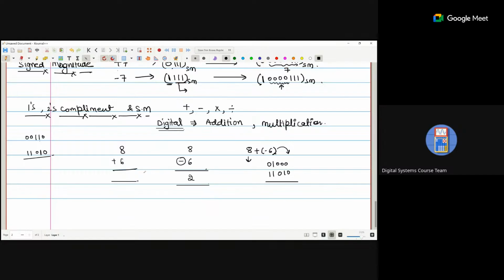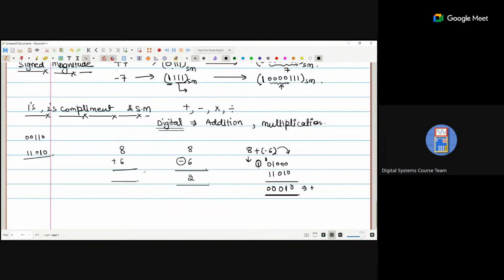Now if I add these two: 0 plus 0 is 0, 1 plus 1 is 0 and 1 is carry, and so on, until a final carry comes. If a carry comes out, we just neglect this carry and this is the answer.